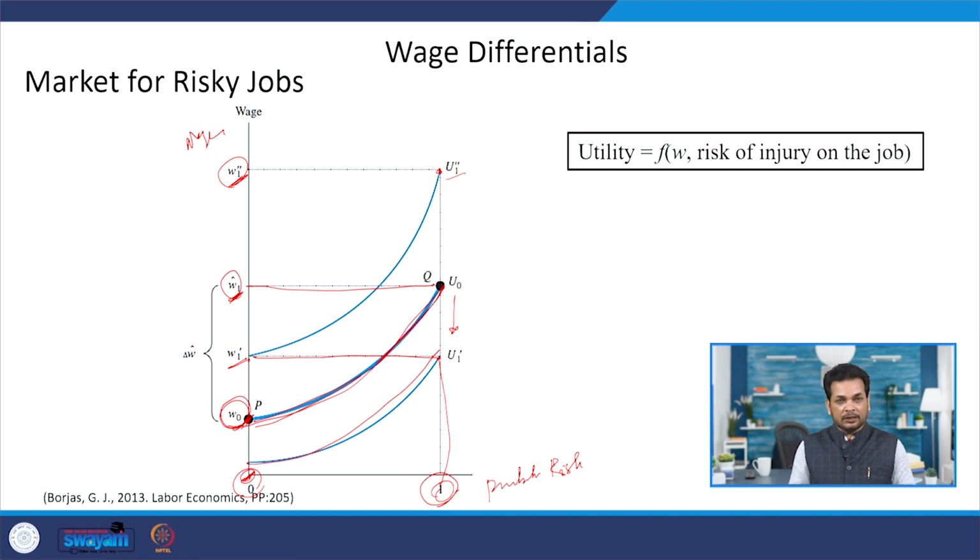Any wage above this, the gap between the wage rate W0 and W hat 1, which is delta W hat, we are saying is the minimum reservation wage which bribes the worker to get into a risky job.